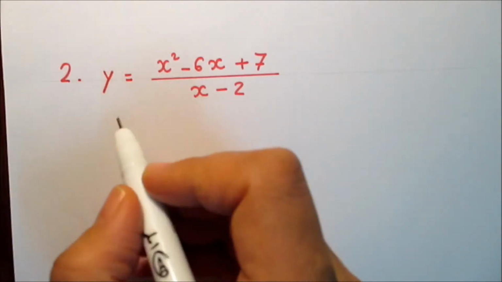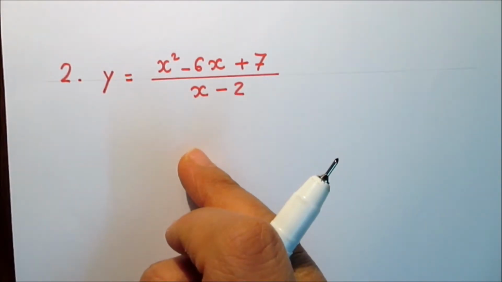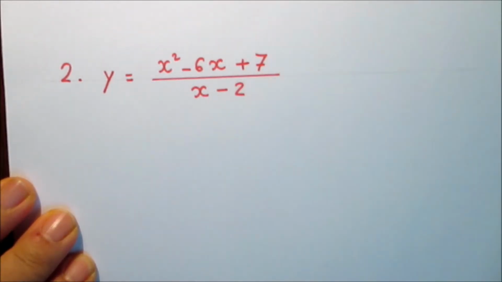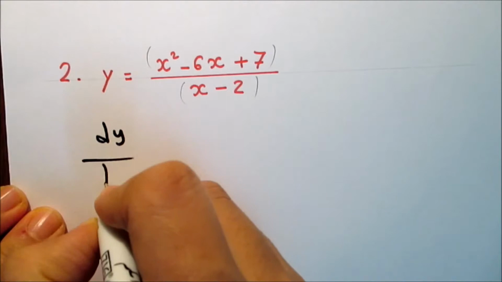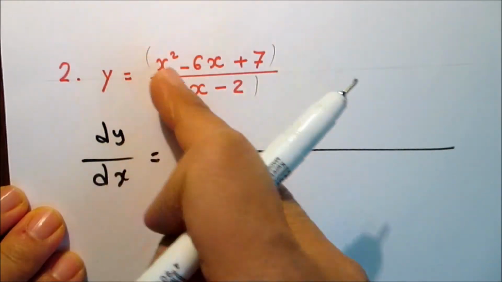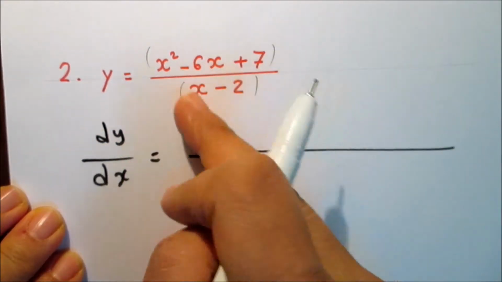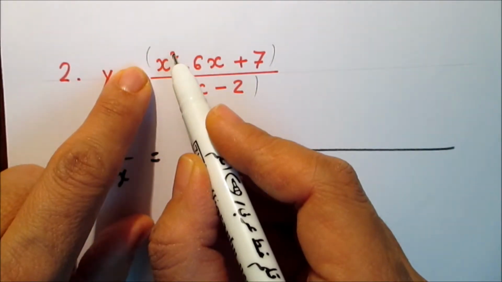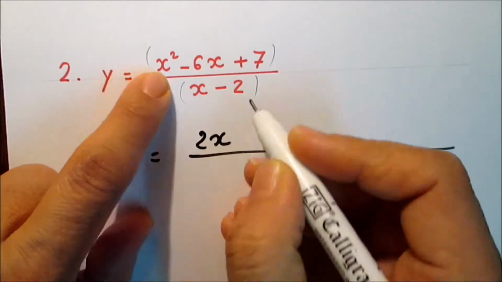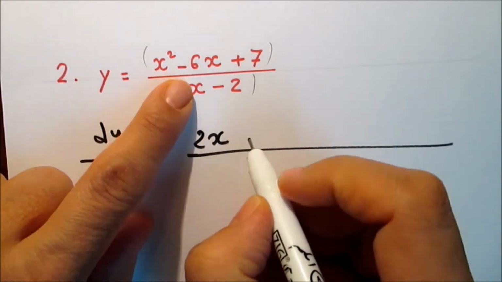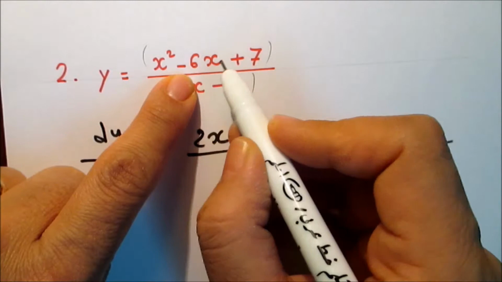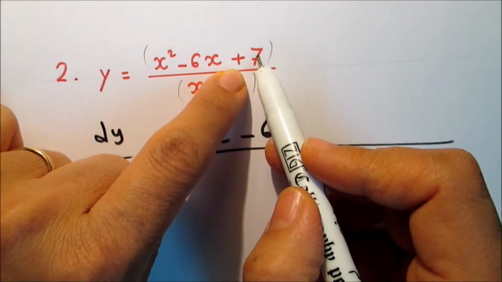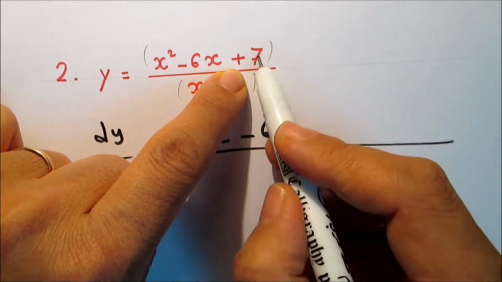Another example, find the first derivative of the given function. We have a quotient, or we have a division of two functions, dy/dx equals, take the derivative of the numerator times the denominator. Start by the first term, derivative of x squared is 2x to the power 2 minus 1 to be 1, minus derivative of 6x equals 6, remove the x of course, derivative of 7, it's a constant, so the derivative is 0.